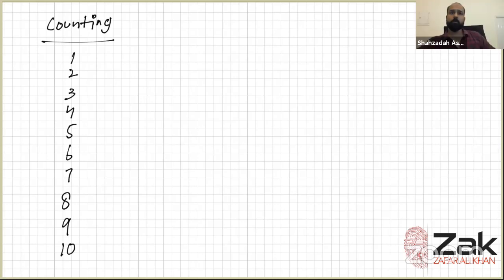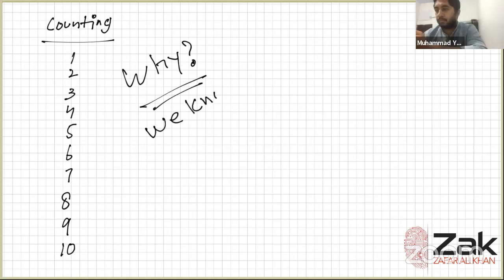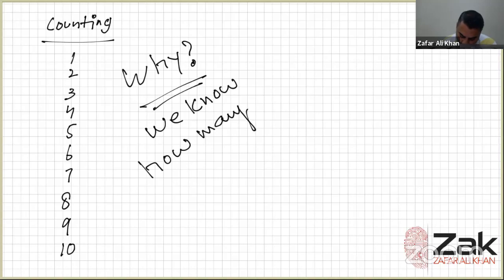So sometimes we like our counting to go on for several times. This is a count based loop. Why is it a count based loop? For the reason that we know how many times it will work.